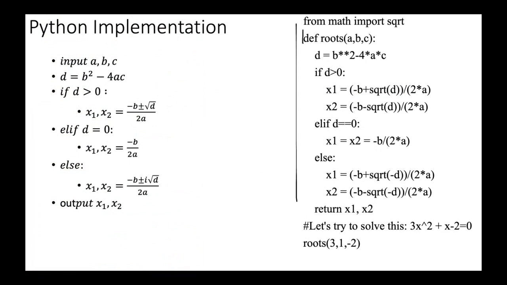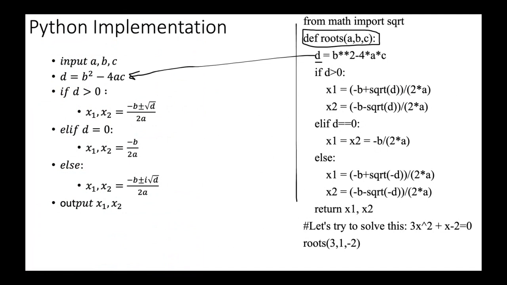So I'm defining a function called root. Okay, so if you're not very familiar with Python, try to follow this explanation here. So d is just b squared minus 4ac. So this is basically this step here.